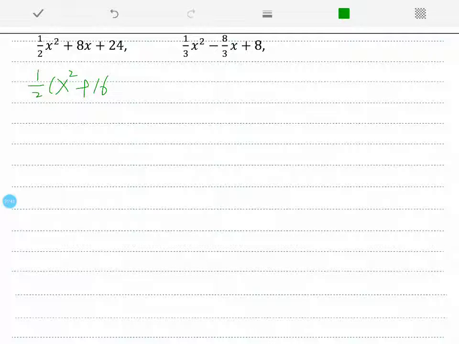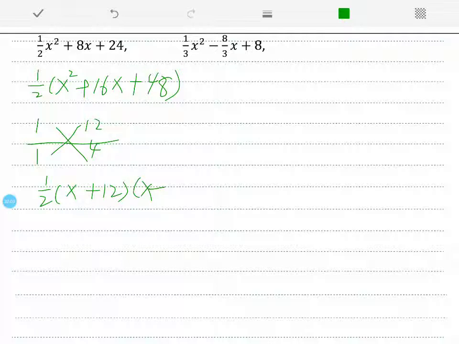So it'll be 16x plus what? Plus 48. Okay? In this case, we have 1, 1, 12, and 4 cross times. So that becomes a half times x plus 12 times x plus 4.